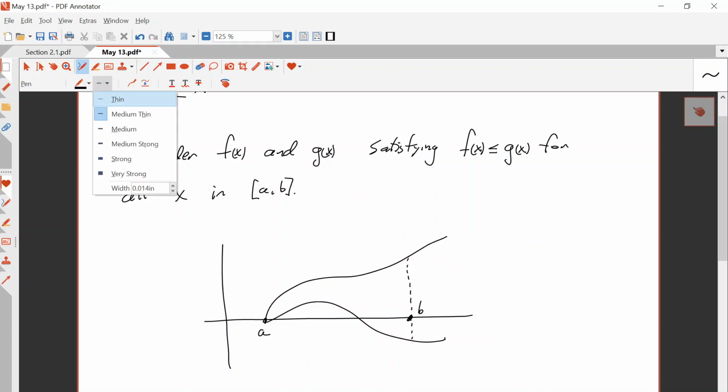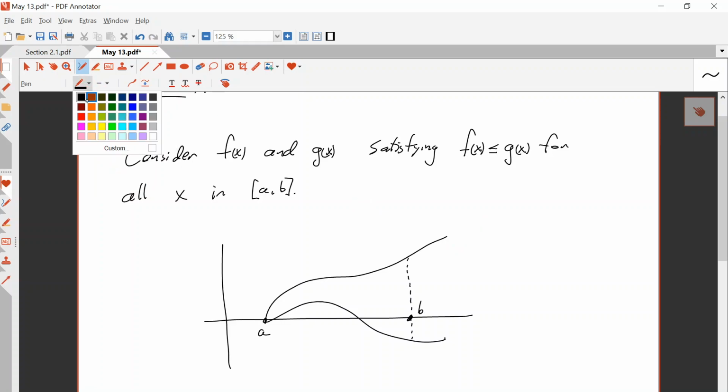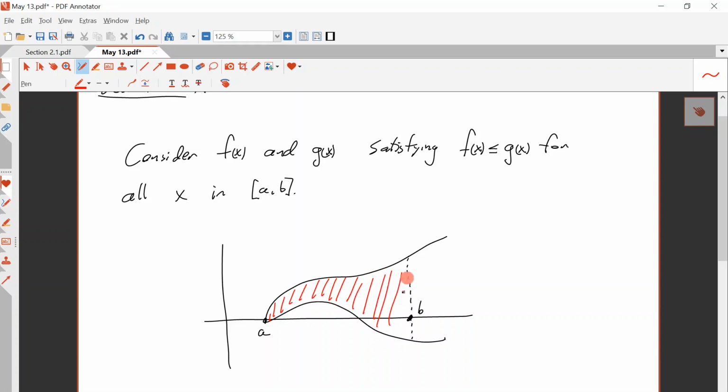Okay, so the question now is, what is this area here? What is the area between f and g? All right. So, by the way, this is y equals f(x), and this is y equals g(x).